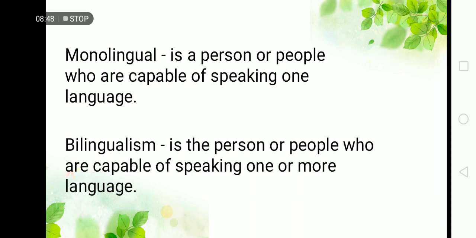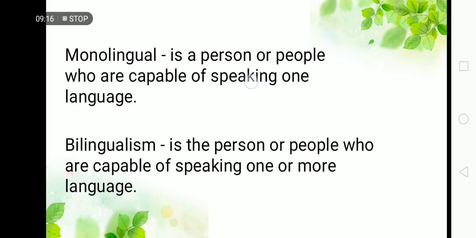When we talk about monolingual, it is one, they only learned one. Bilingualism is a person or people who are capable of speaking one or more languages. So bilingualism refers to people who know how to speak different languages, one or more languages, through their study.